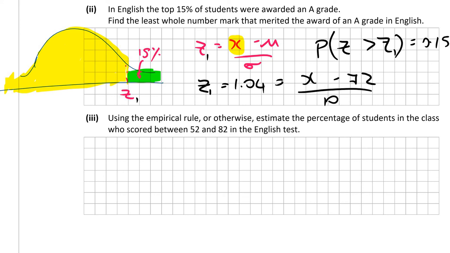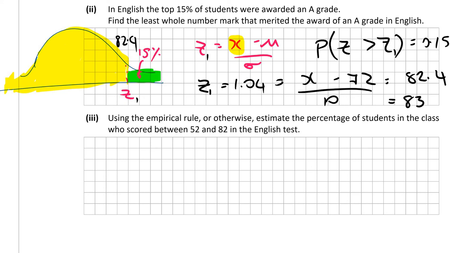We rearrange, so that's going to be 10 by 1.04 plus 72, which gives us the result of 82.4. That's the score you needed to get in the test to make sure you were in this green bracket here. You needed to get 82.4, but considering they're all whole numbers, you actually needed to get 83 because that's what you're asked for.